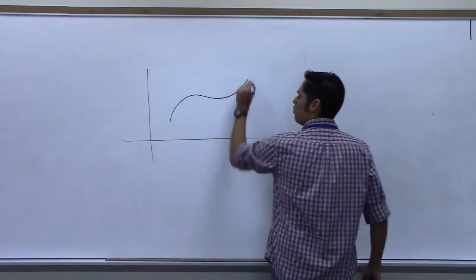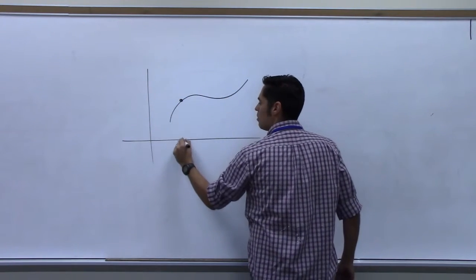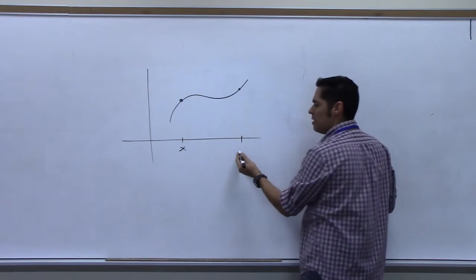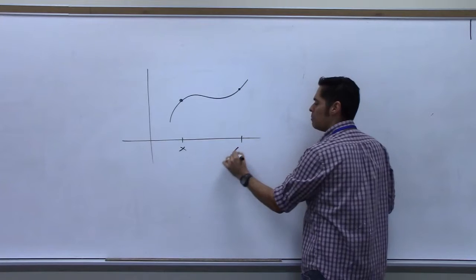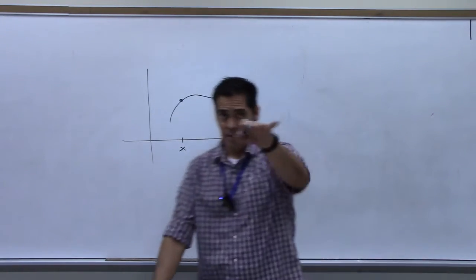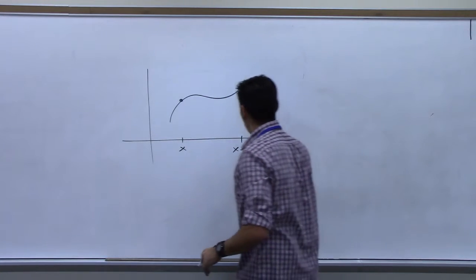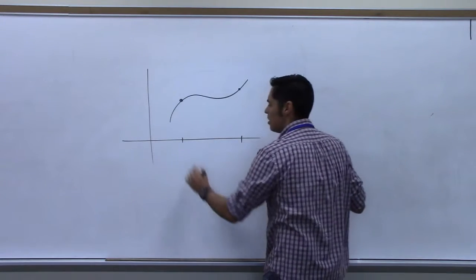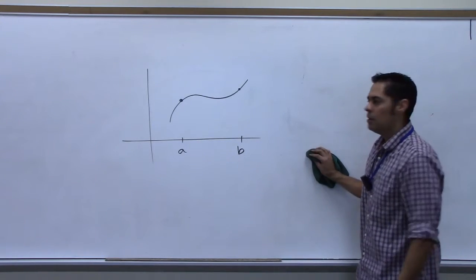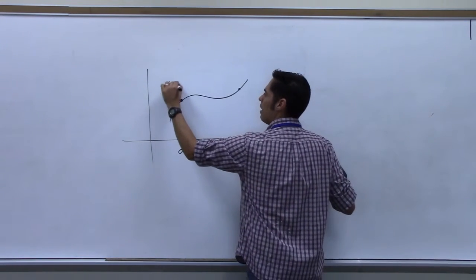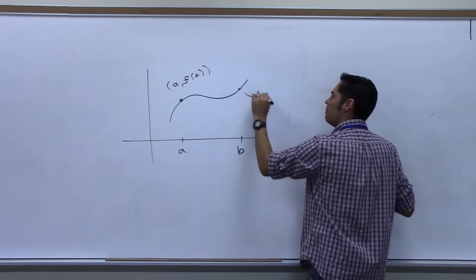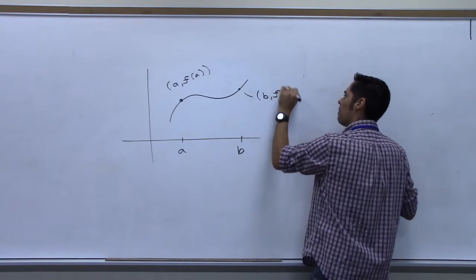The only difference between this picture and the difference quotient picture is this. With difference quotient, I picked some value here which I called x. Then over here, I picked something and said that this would be x plus h. The only difference is that instead of x and x plus h, they decided to call this a and that b. So this point is a, f of a, and this point over here is b, f of b.